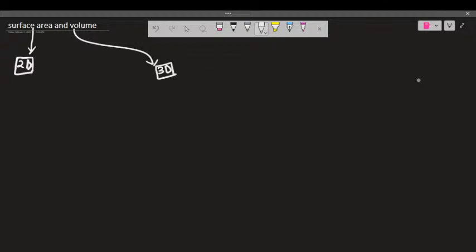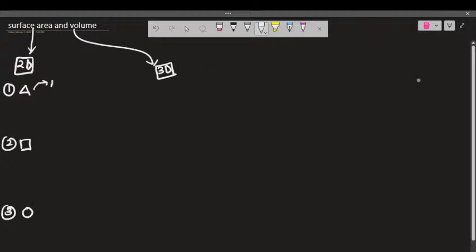In 2D, we can discuss triangle, quadrilateral, circle. All these have their area and their perimeter. Circle also has area, and circumference.